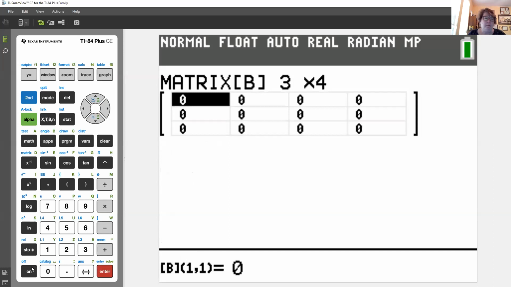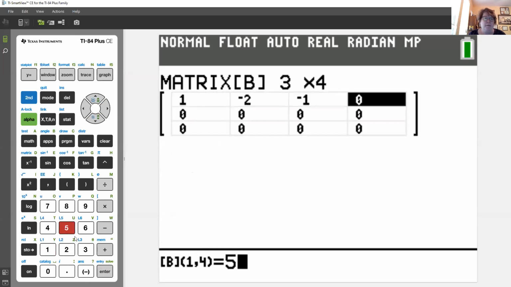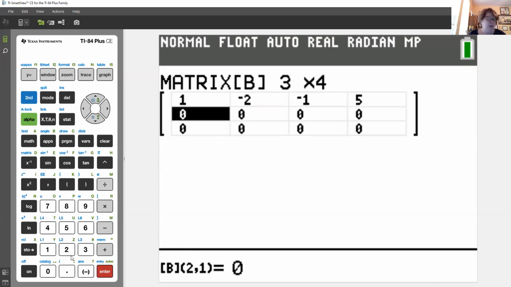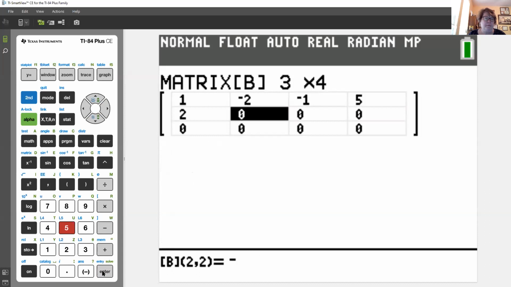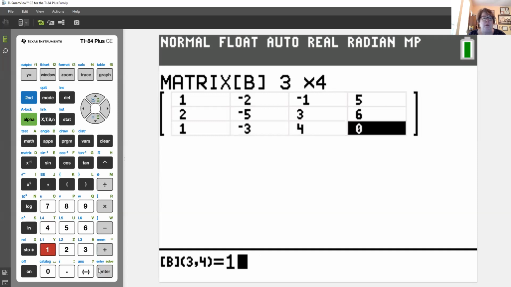And let's put in our elements. 1, -2, -1, 5, 2, -5, 3, 6, last row, 1, -3, 4, and 1.